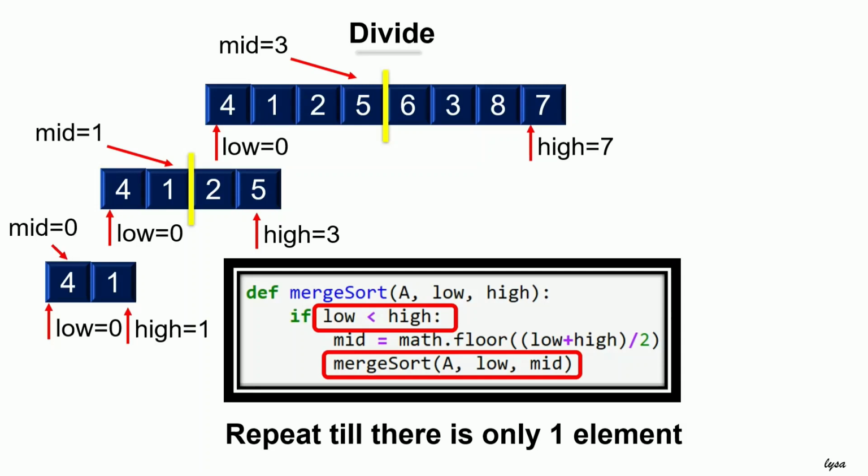Again, I find the mid value. The mid value for 0 plus 1 by 2 is 0. So again, divide it like this. This results in a single sublist where the low value and the high value are at 0. At this juncture, low is equal to high and the recursion stops.